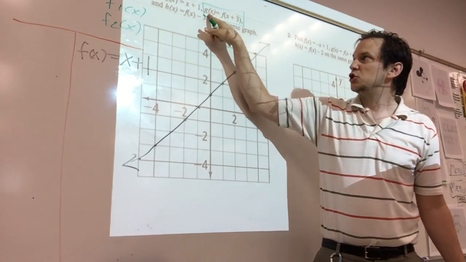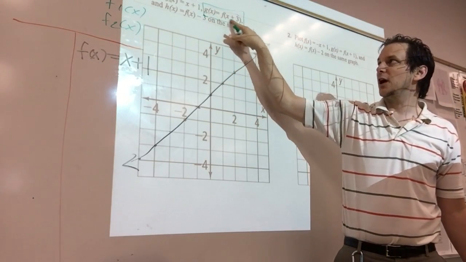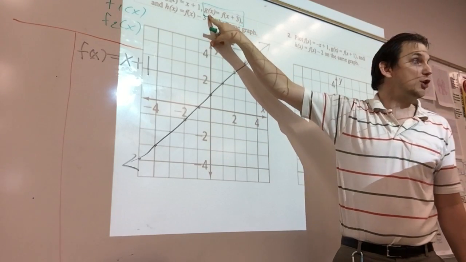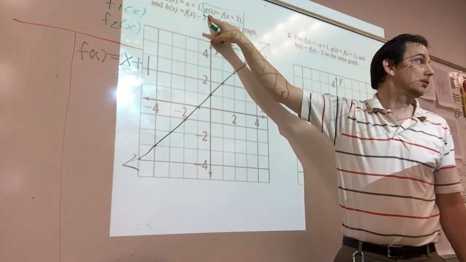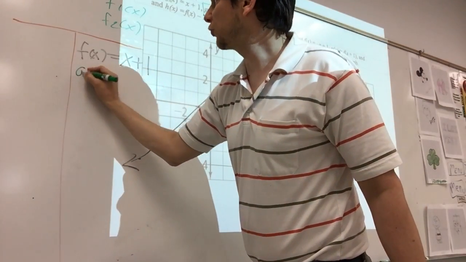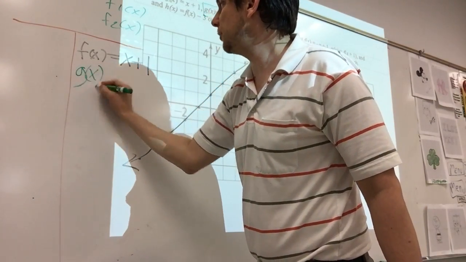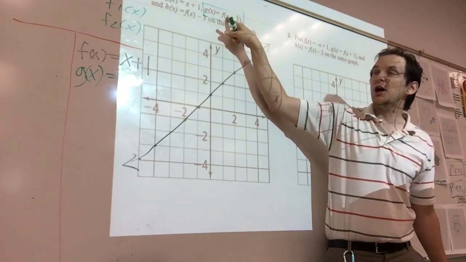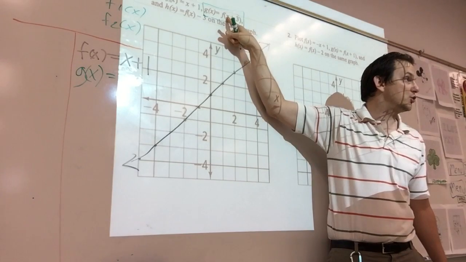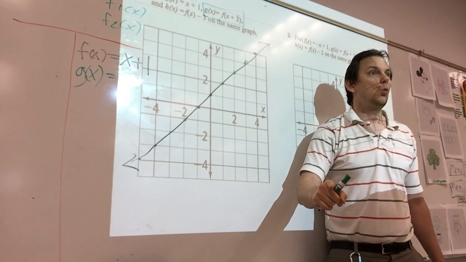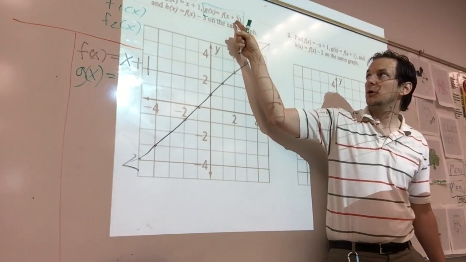This says g of x equals, and then how in the world do you read that? Here's how I want you to think about it. This is George's equation. Some dude named George. And here's what you got to know about George's equation. It's just like Frank's equation, except what's the only thing that's added in there?